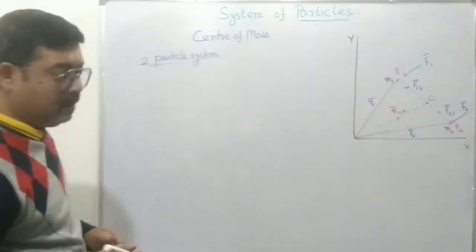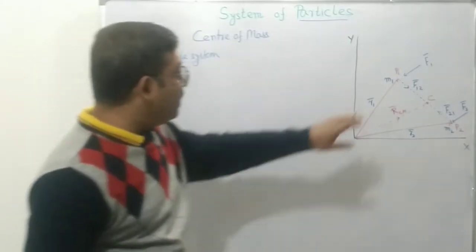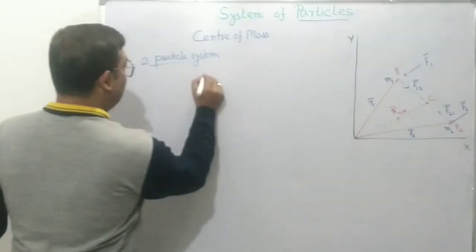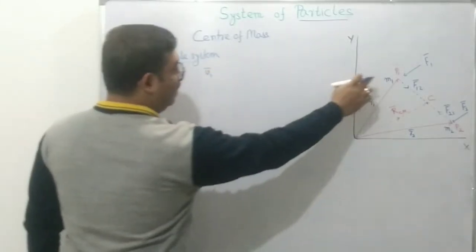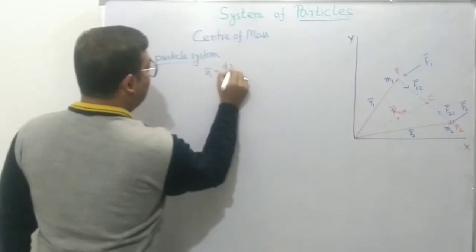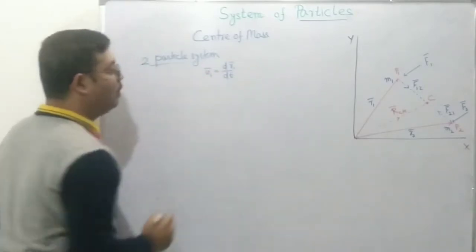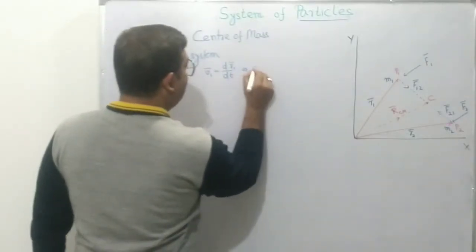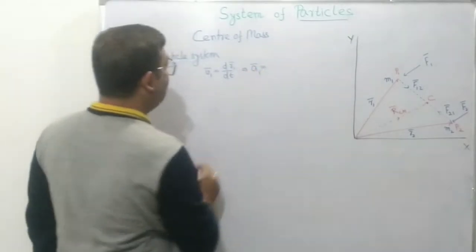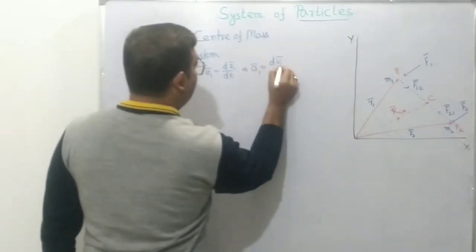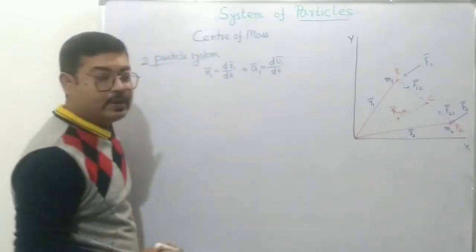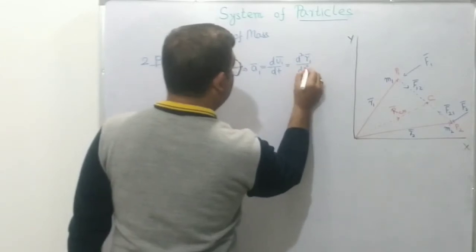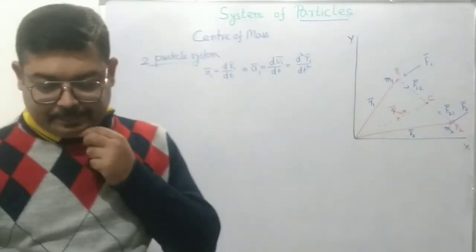Now let's consider the particles separately. What will be the velocity V1 of particle 1? It can be given by dr1 by dt. By definition, the rate of change of position is velocity. The acceleration of particle 1 will be dv1 by dt, the rate of change of velocity, which is equal to d squared r1 by dt squared.